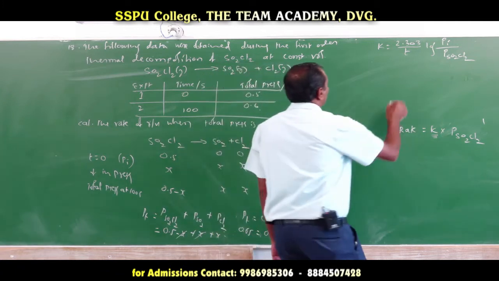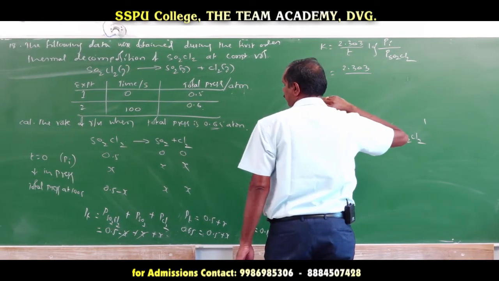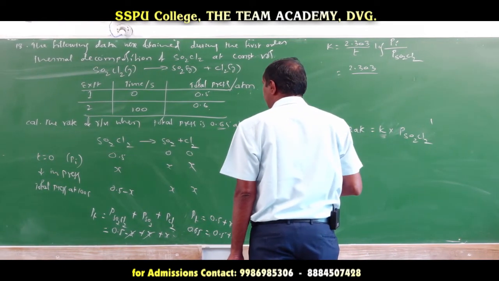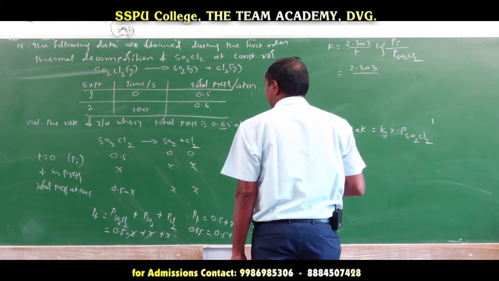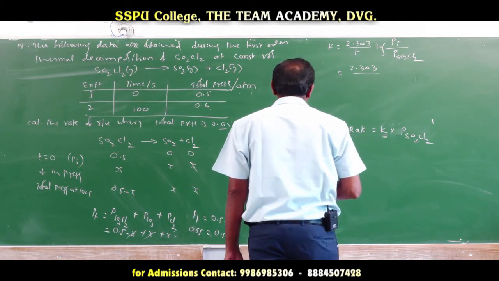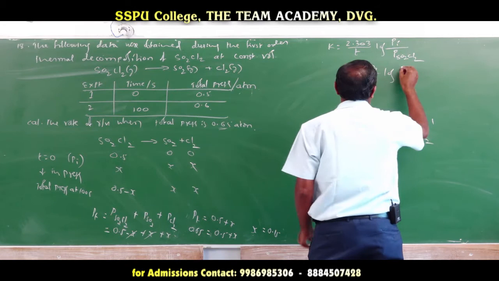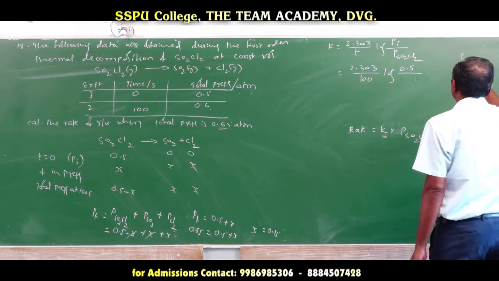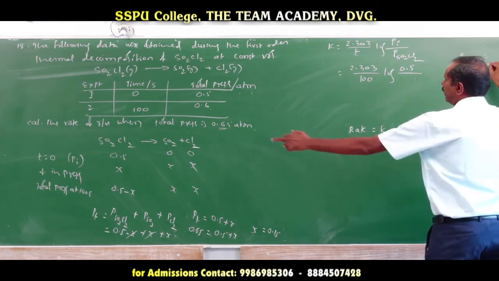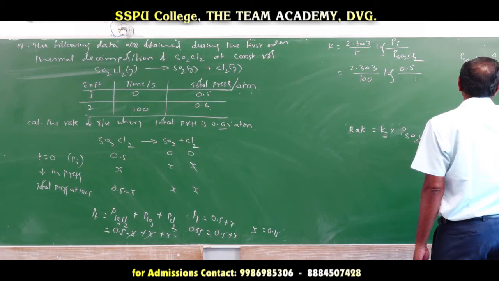Then K equals 2.303 by t, with t equal to 100, log of Pi, which is 0.5, divided by the partial pressure of SO2Cl2, which is 0.5 minus X. X is 0.15, so it is 0.35.